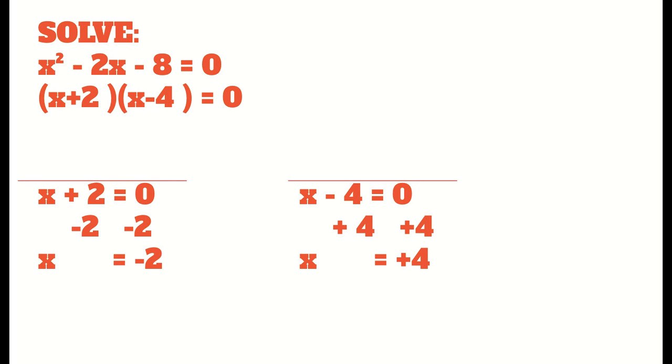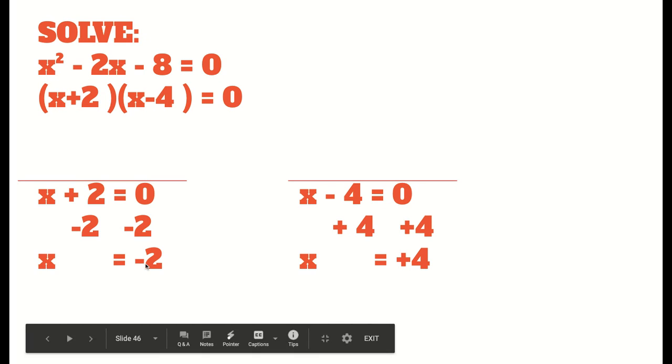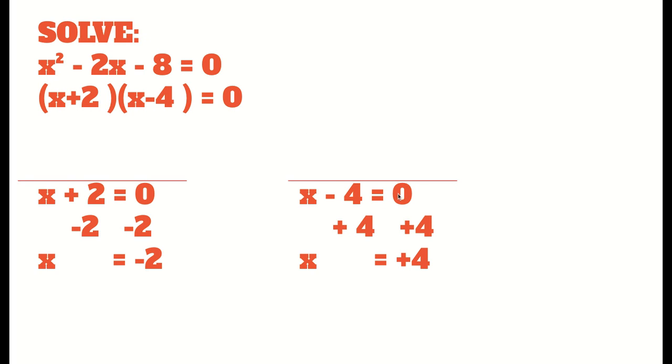But we need to know what is x when y is 0. So in order to find that, we know that x plus 2 is 0 or x minus 4 is 0 in order for it to be 0. So we're going to set each one as 0. X plus 2 is equal to 0. We subtract 2 from both sides and we get x equals negative 2. Here we get x minus 4 is equal to 0.